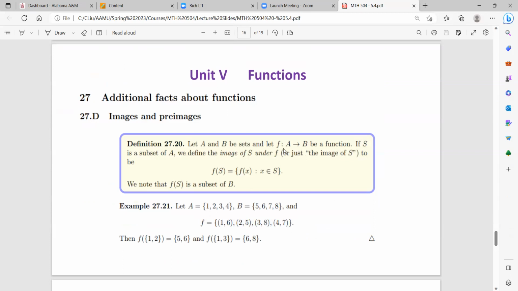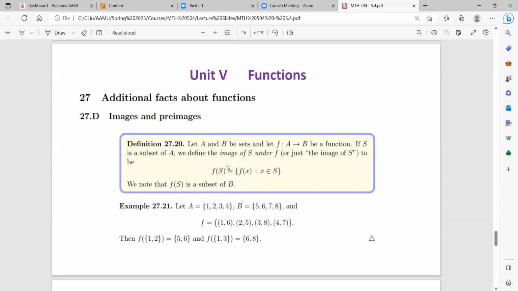Let A and B be sets, and f a function defined from A to B, and let's say S is a subset of A. Then we can define the image of S under this function f to be all the values of the function when the argument comes from the subset S. So we just use this notation f of S to mean the set of all the function values under this S. Obviously f(S) is a set, and it's a subset of the codomain.